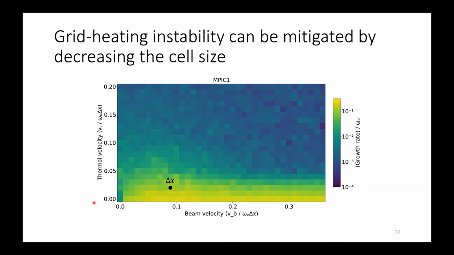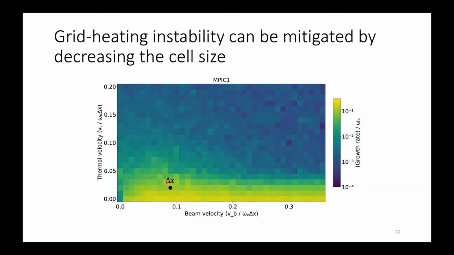So let's say that we are sitting here at this point and we want to run a PIC simulation, but the length of time we want to run for is too long given the instability growth rate at this point. What can we do?